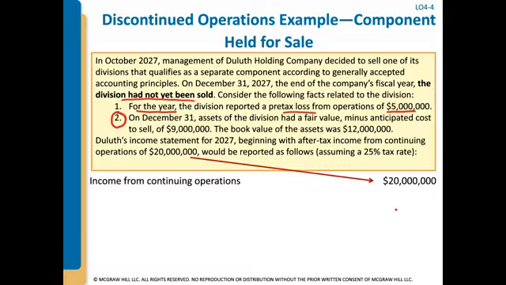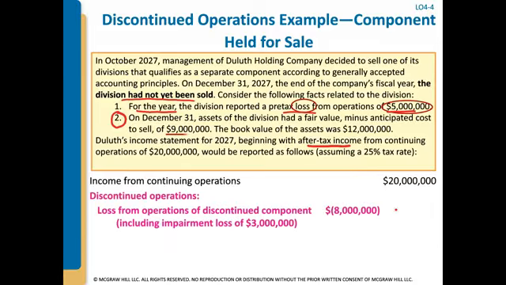So first we're going to report on the income statement. The income from continuing operations was $20 million, which they tell us is the after-tax income. So the same as the prior example. And then we're going to report our discontinued operations, and the loss from the discontinued component, including the impairment loss of 3 million.